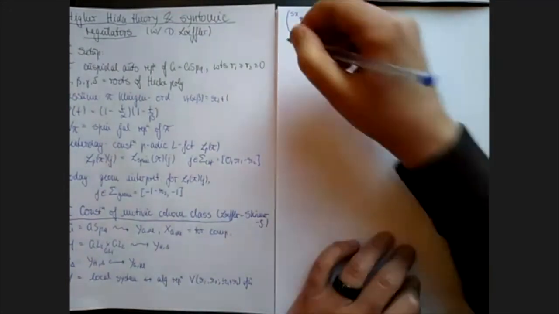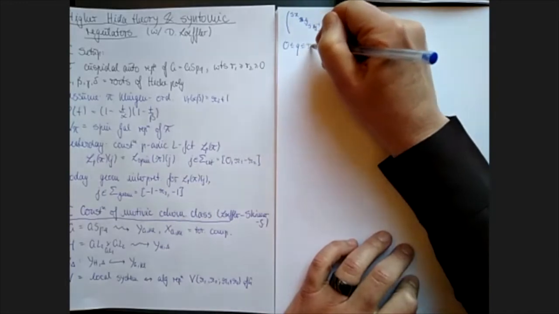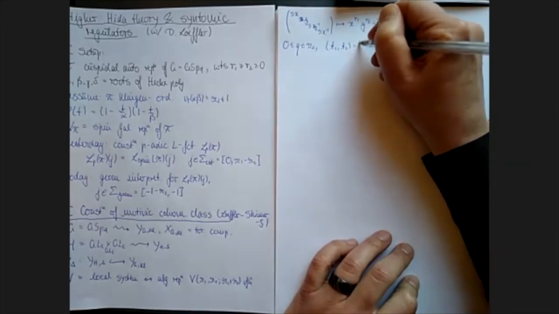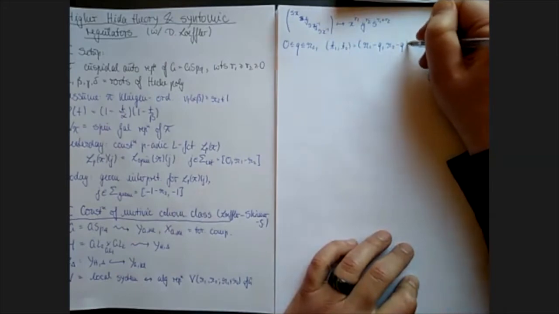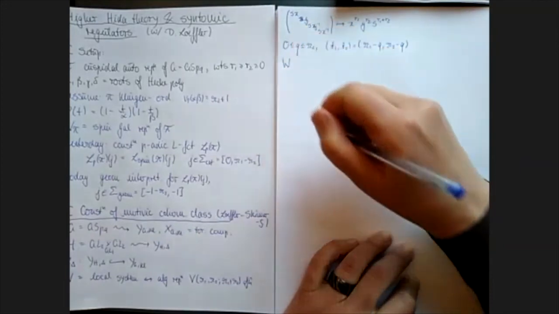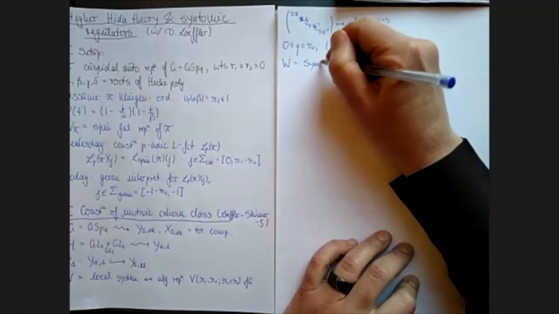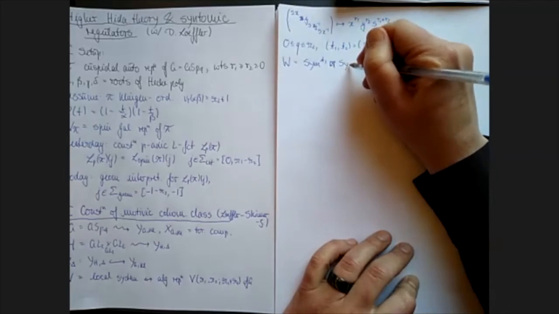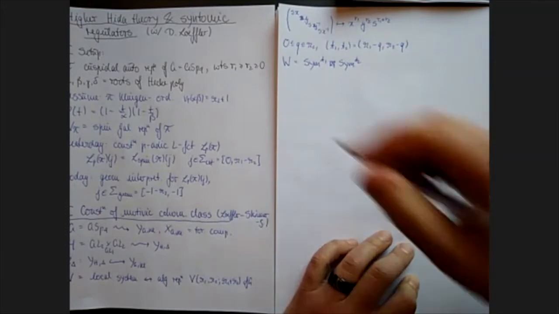So I let q be an integer between 0 and r2, and I define the pair t1 and t2 to be r1 minus q and r2 minus q. And I then consider the following local system on Y_H, attached to Sym^t1 times Sym^t2 of the standard representation for GL2.